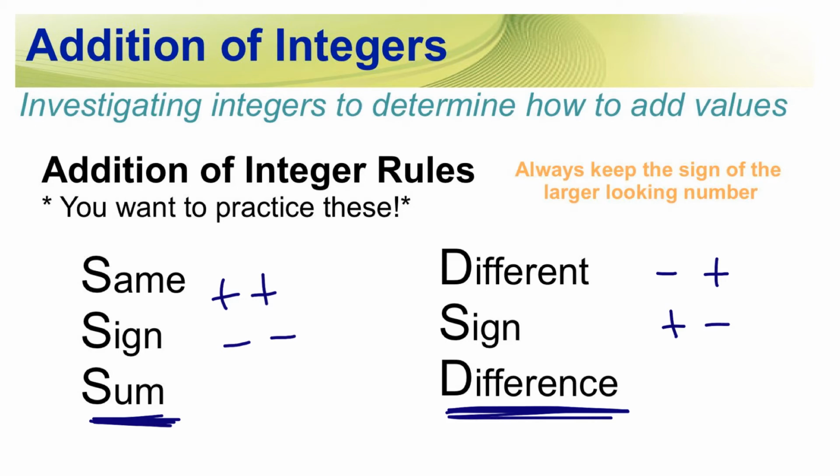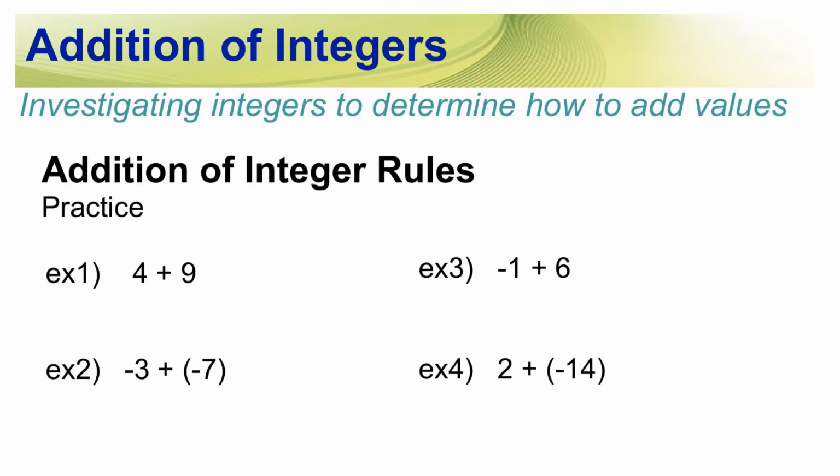Let's practice this. So for our first example, we have 4 plus 9. 4 is a positive number, and 9 is a positive number. So that means we're going to use same sign sum. Meaning we're going to add these two numbers together, 4 plus 9, which is 13, and you keep their signs the same.